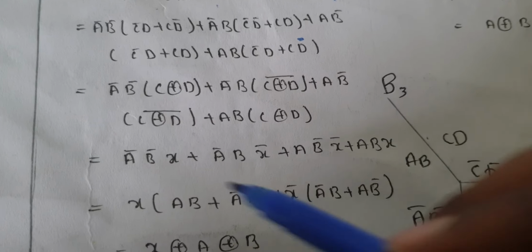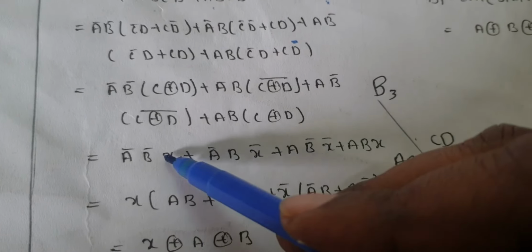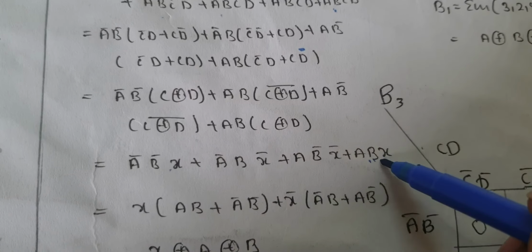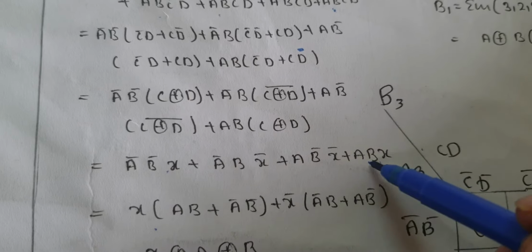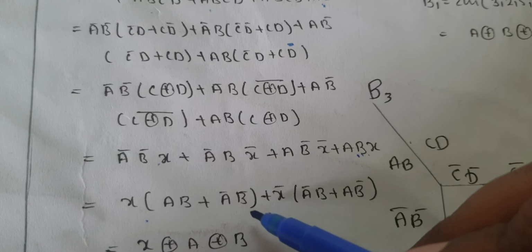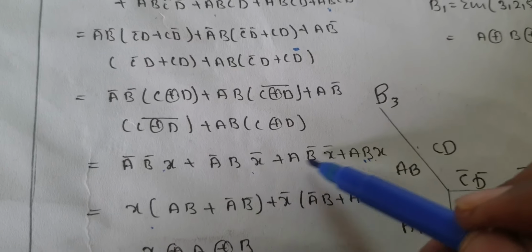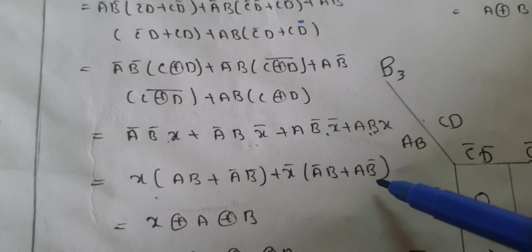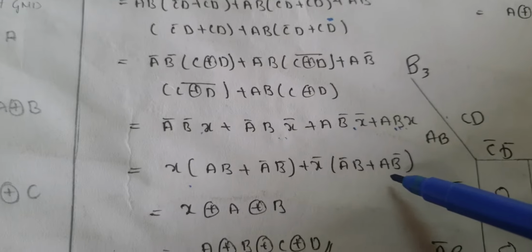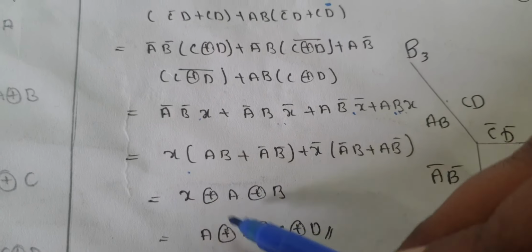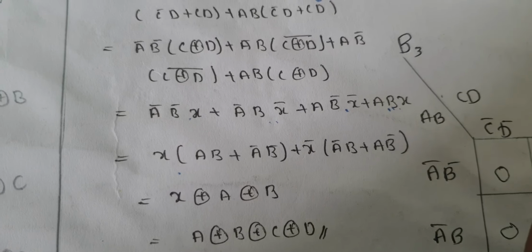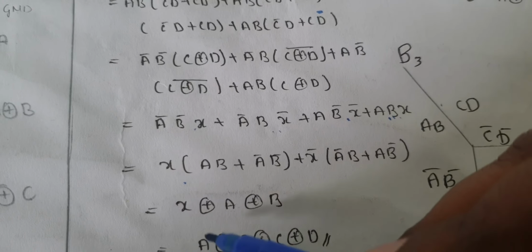Now, I can take X as common with these two terms here. If I take X as common, it will be AB plus A bar, B bar, plus X bar as common here. It will be A bar, B plus AB bar, which will result in X XOR A XOR B. What is the value of X here?